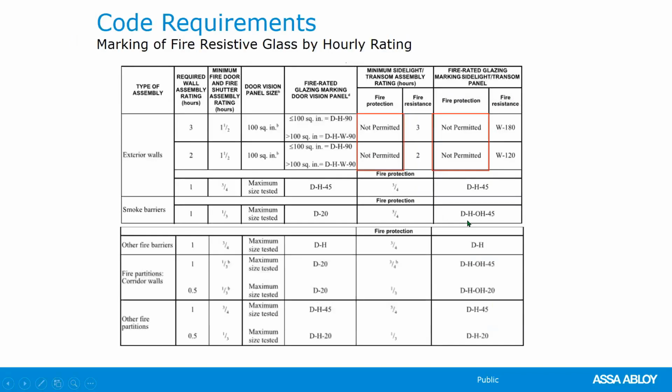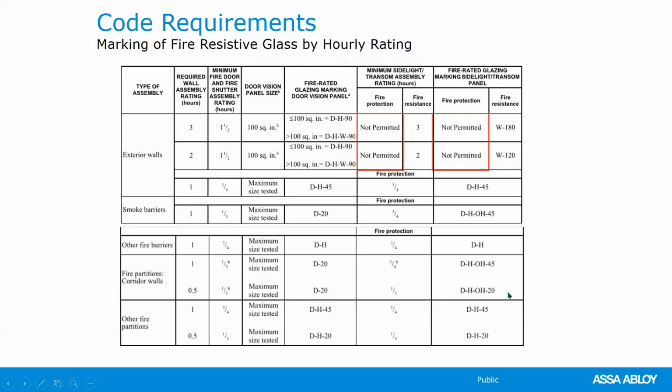This is just a continuation of that same table, looking at exterior walls with the same information, the same requirements, the same 100 square inches, the same requirements for doors and frames, fire protective doors and frames, and the other information regarding labeling, and the fact that fire protective product is not allowed.